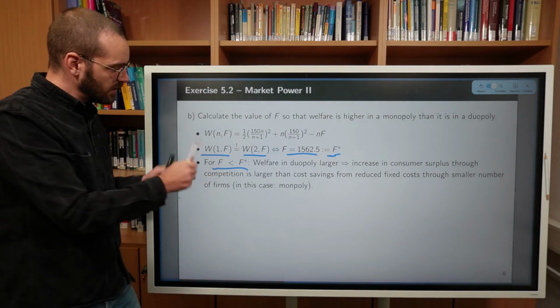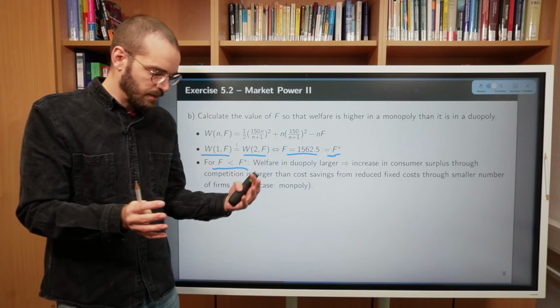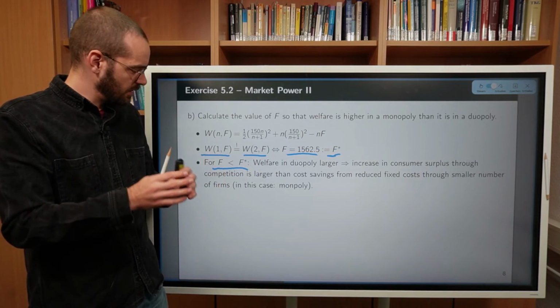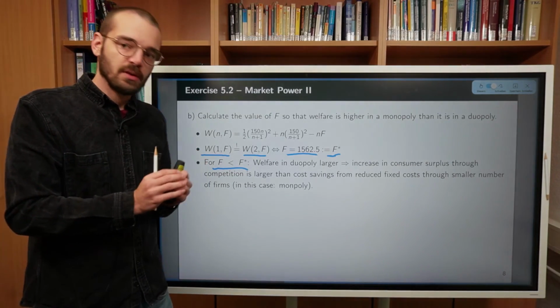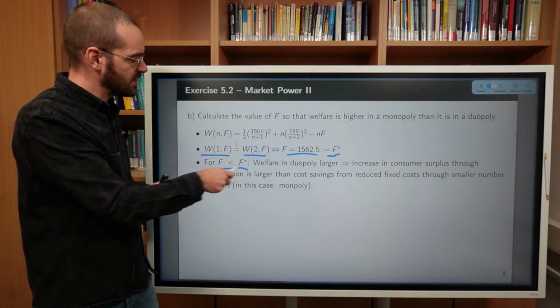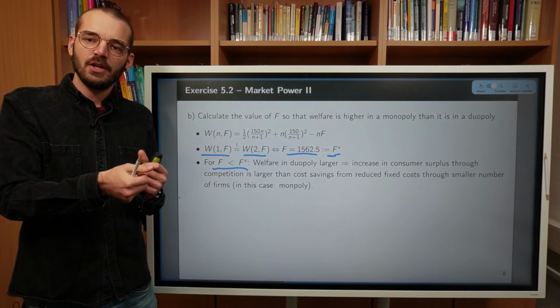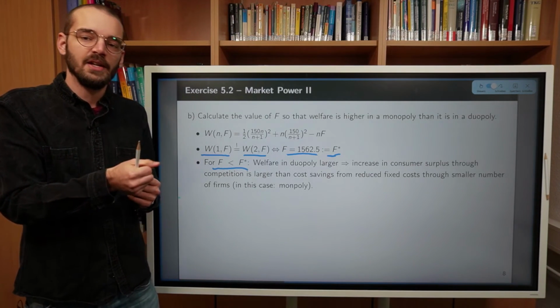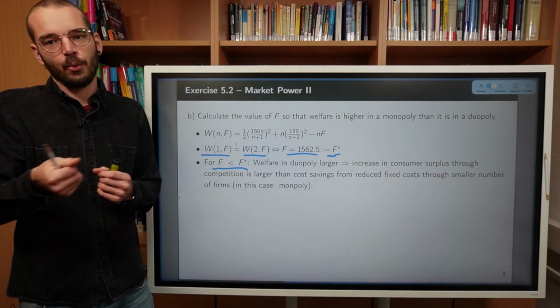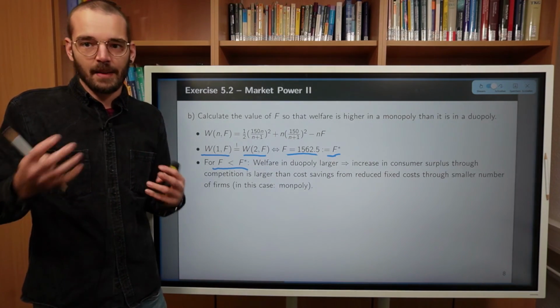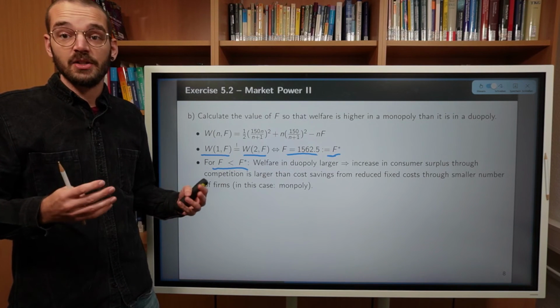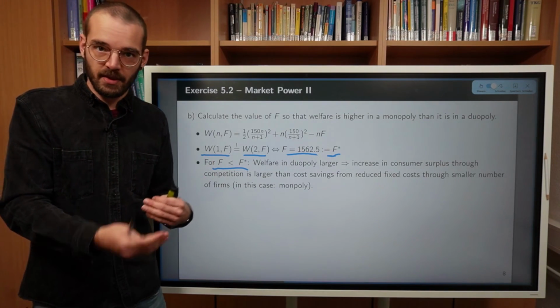So this conceptually, just to make the point that we just did complete, for any fixed cost that is smaller than this value F star, we see that this fixed cost duplication effect is not yet outweighed by the increase in consumer surplus that comes with increased competition moving towards a duopoly.